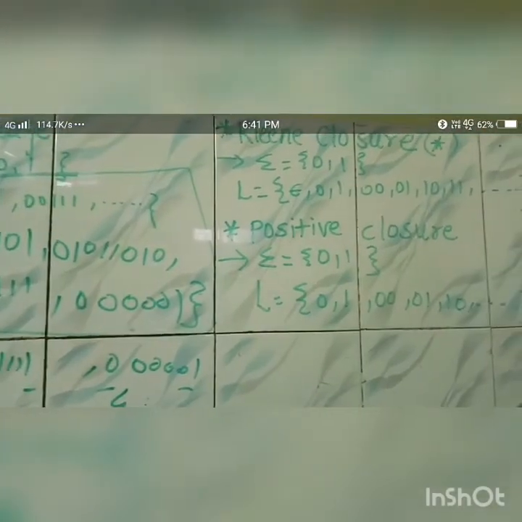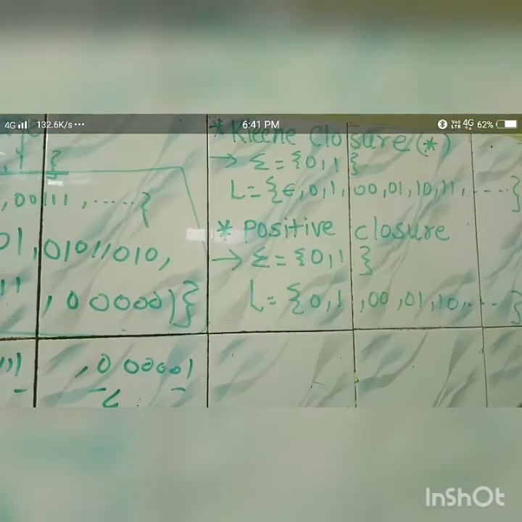In the next part, we have to see two other mechanisms of TOC, that is the theory of computation. When we are asked to find the Kleene closure of the alphabet or find the positive closure of the alphabet, then we are simply dealing with these two mechanisms.